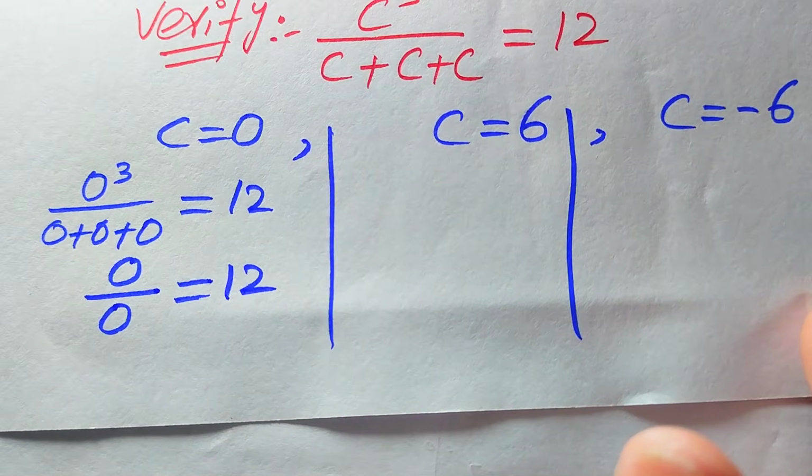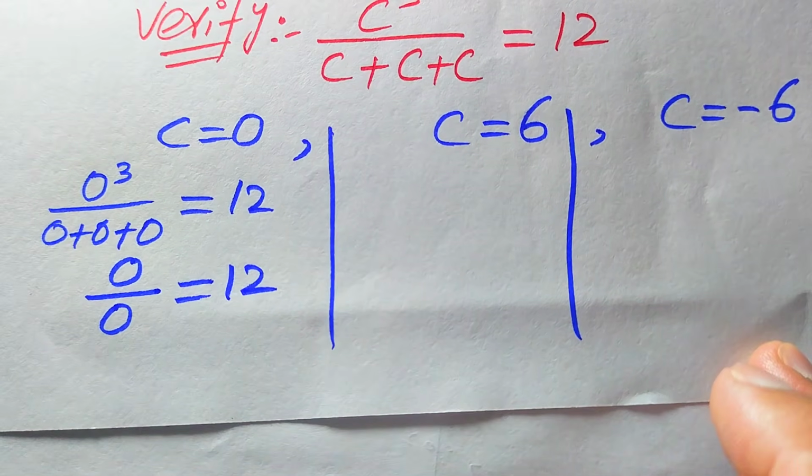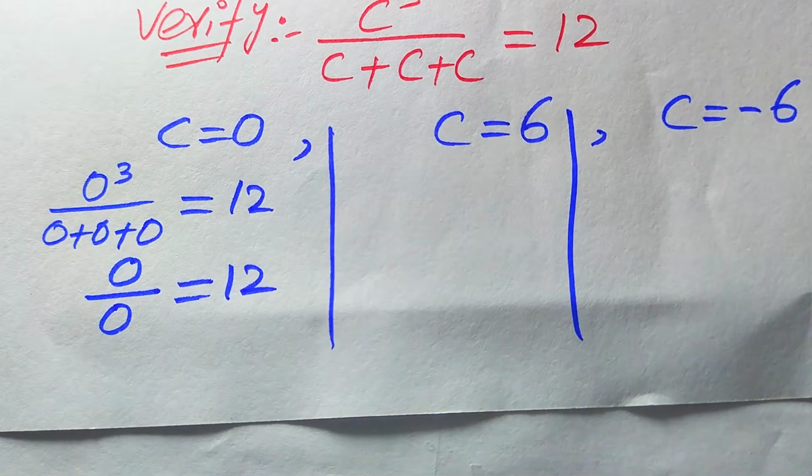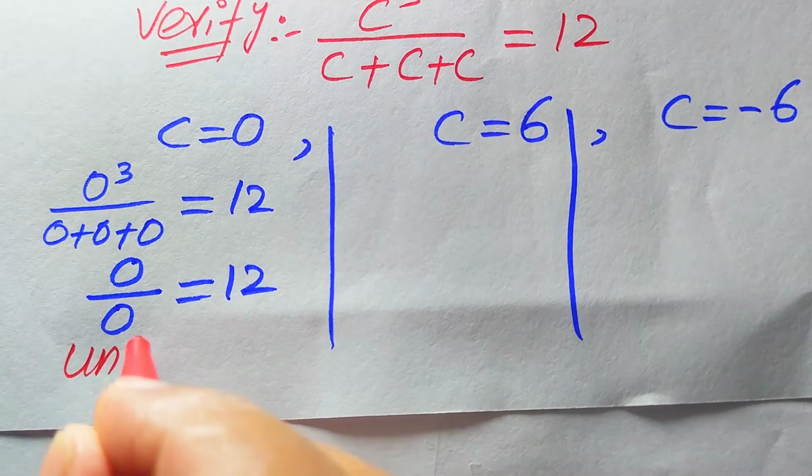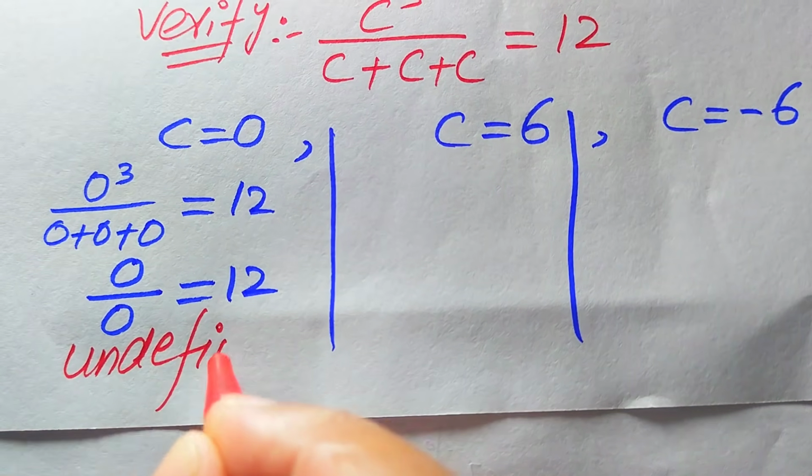After this little bit of simplification, we get the given equation in 0 over 0 form, which we usually call the indeterminate form, or in other words, an undefined form.